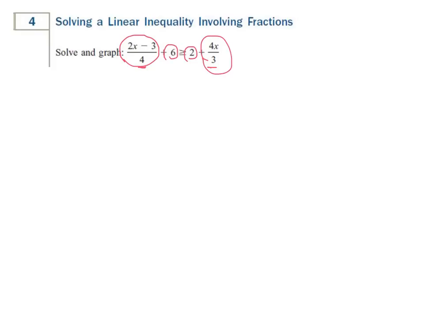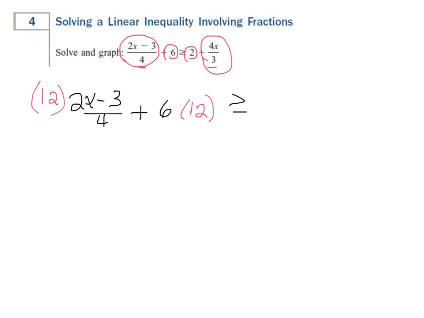So that gives me 2x minus 3 over 4 times 12, plus 6 times 12, greater than or equal to 2 times 12 plus 4x over 3 times 12.